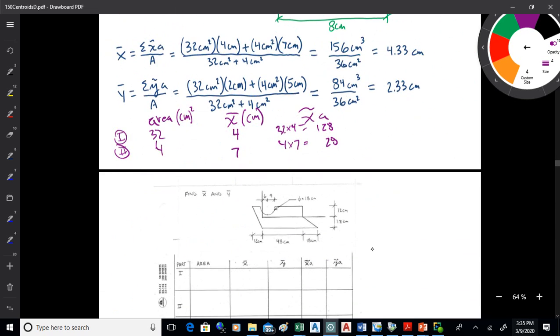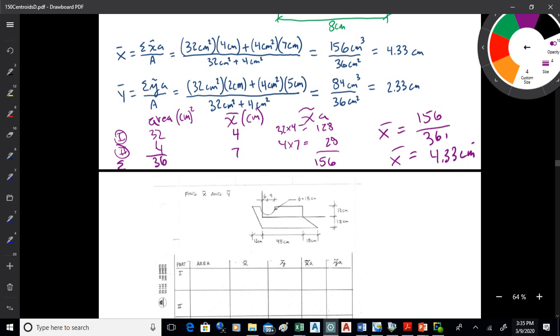Then I would have a row to sum everything up. The sum of the areas would be 36, and the sum of the products would be 156. So x bar would be 156 centimeters cubed divided by 36 centimeters squared, and that would get me the same x bar.